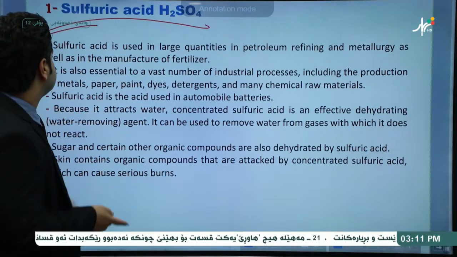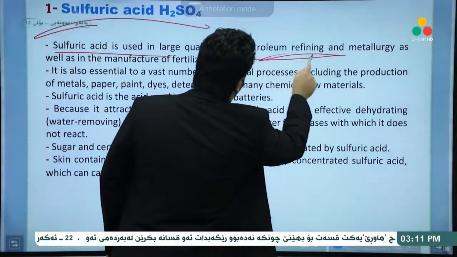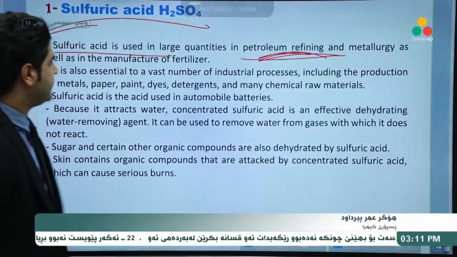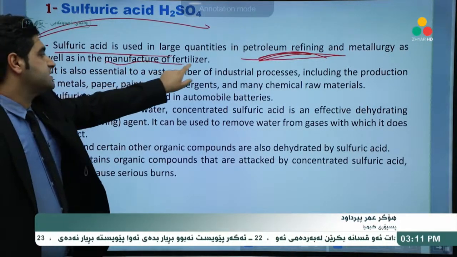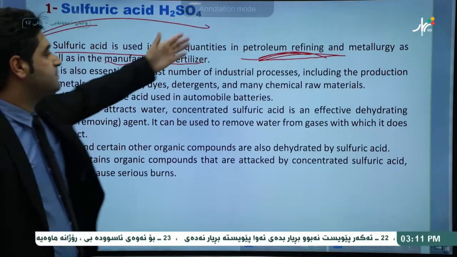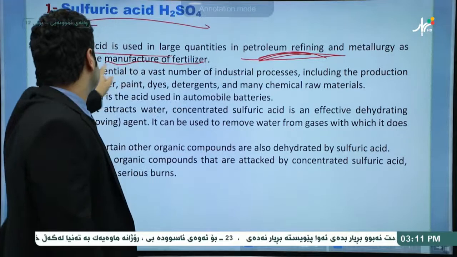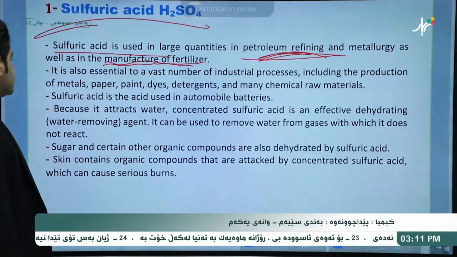It is used in petroleum refining, metallurgy, and in manufacturing fertilizer.